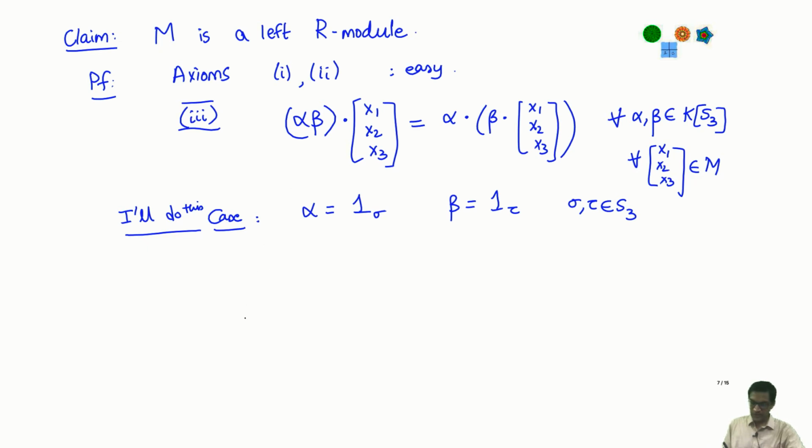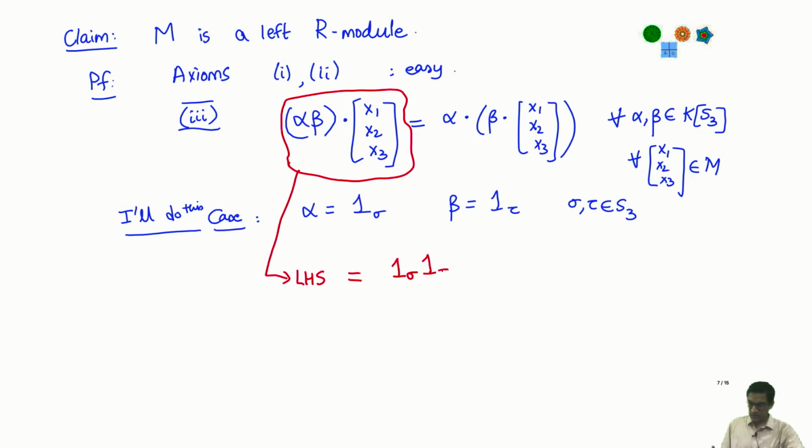So let's compute the left hand side. What is the left hand side here? The left hand side turns out to be alpha beta times this vector. And what's alpha beta here? It's 1 sigma 1 tau. That's the product alpha beta acting on this vector x1 x2 x3.